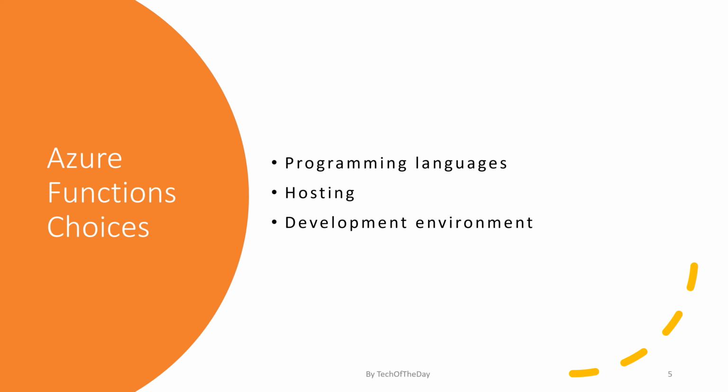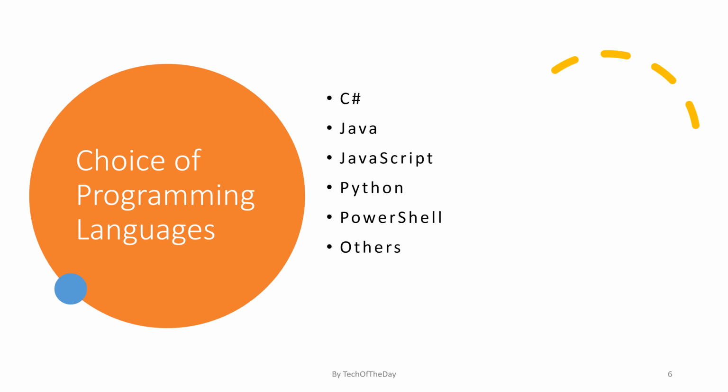We have three things we are going to talk about: programming languages, hosting, and development environment. First is programming languages. Azure Functions offers a lot of choices and flexibility. First, it offers a choice of programming languages.